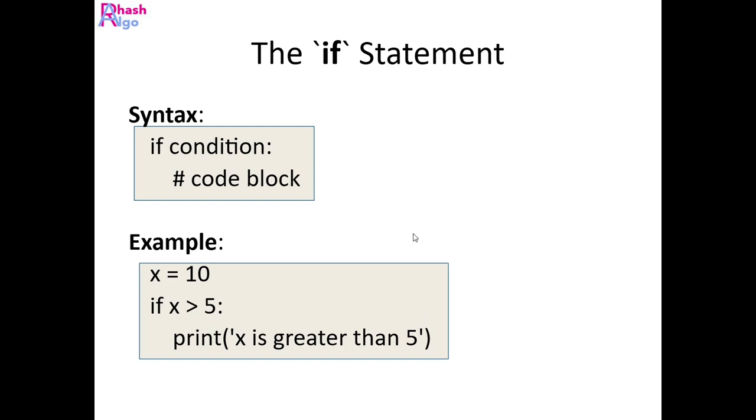Okay, we have different scenarios with if, elif and else, right? We'll move on to the code and see some examples so that you will be able to understand that. But before that, you need to understand one thing. It has to start with if. if is a built-in keyword in Python, right?